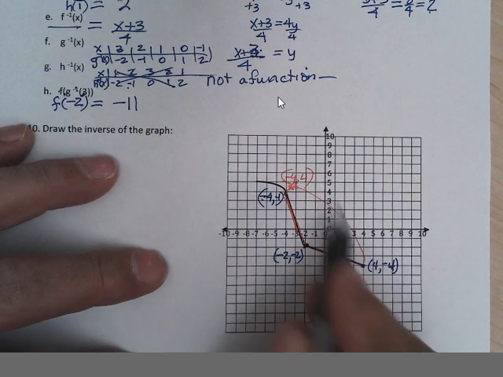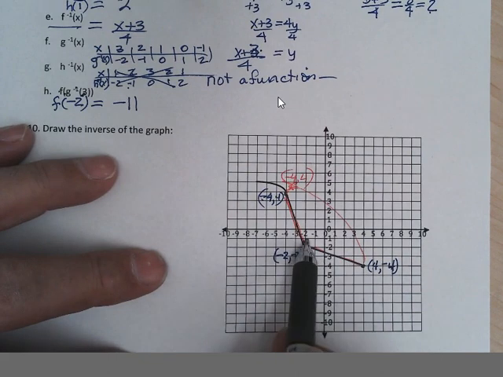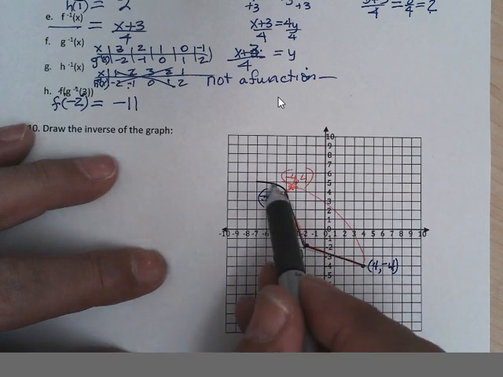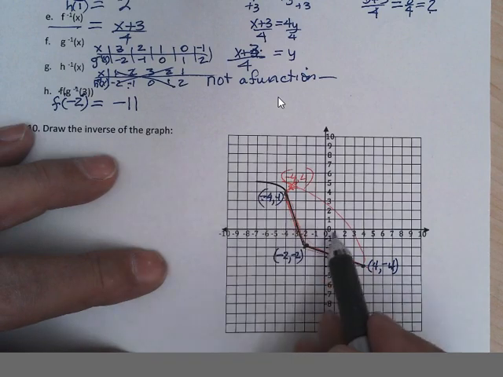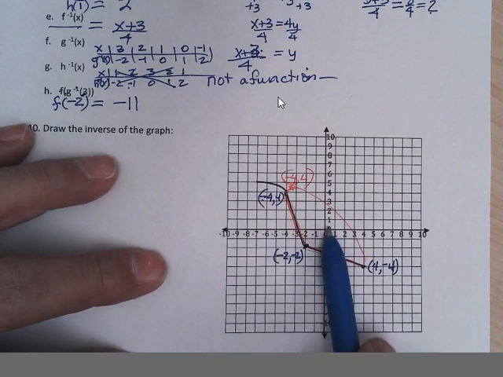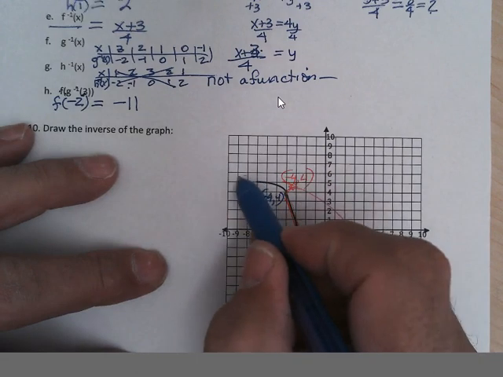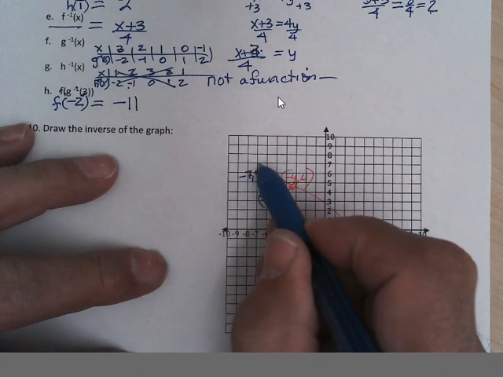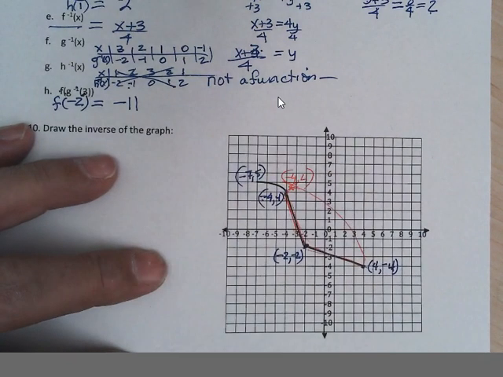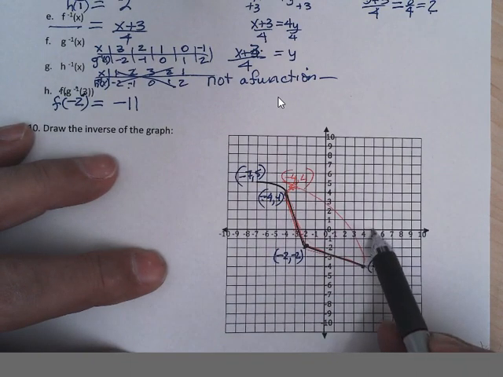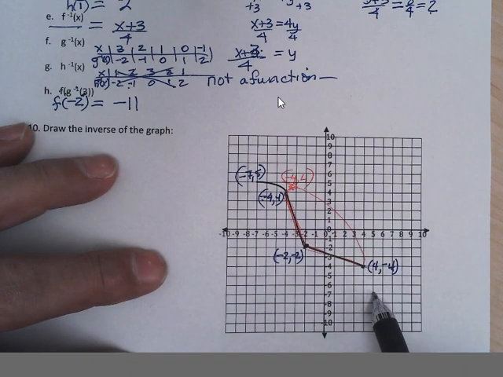So we have this goes to here, and where does this little curly piece go? Well, that is negative 7, 5. So that's going to go to 5, negative 7.